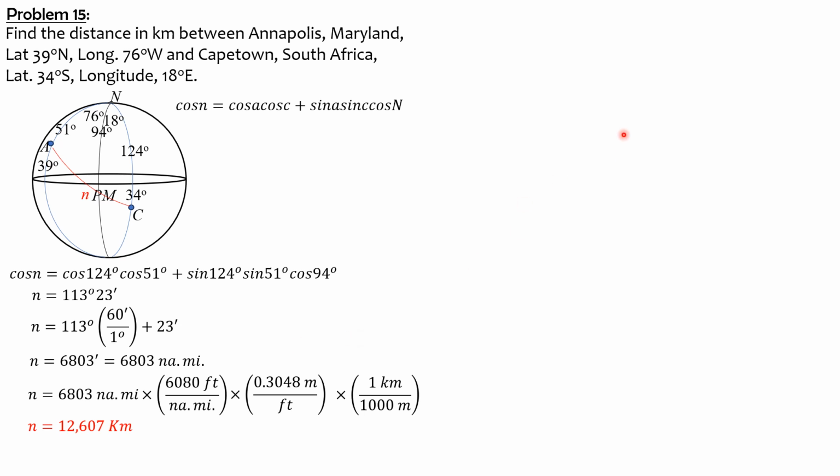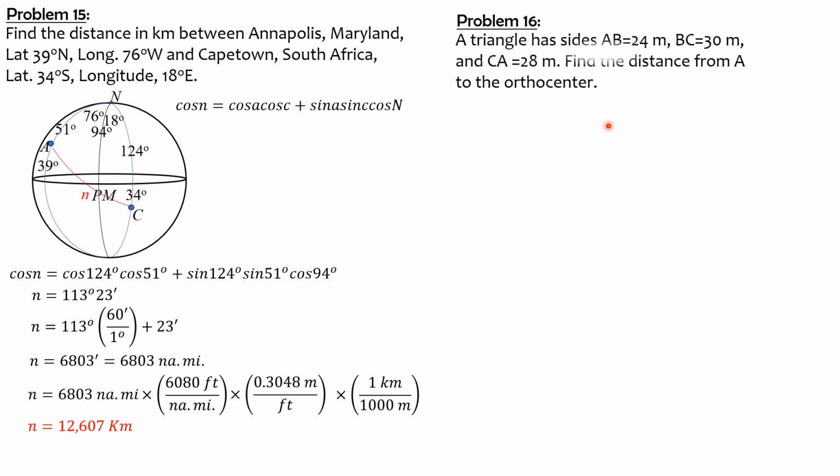Then finally, this is a problem in plane trigonometry. A triangle has sides AB 24 meters, BC 30 meters, and CA 28 meters. Find the distance from A to the orthocenter. So to find the distance from A to the orthocenter, remember the orthocenter is the point of intersection of the altitudes. So this is the triangle.